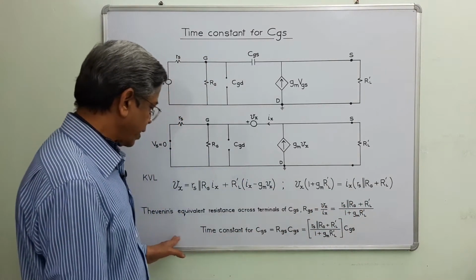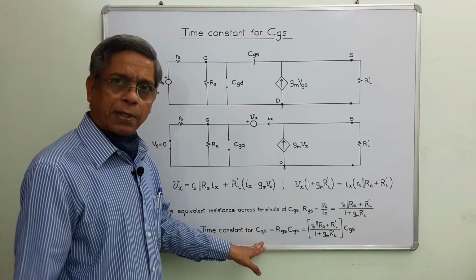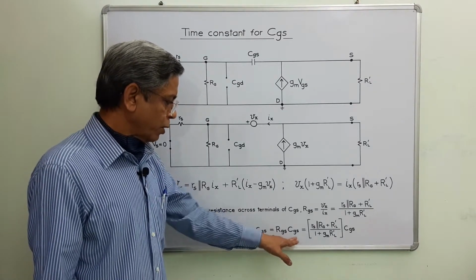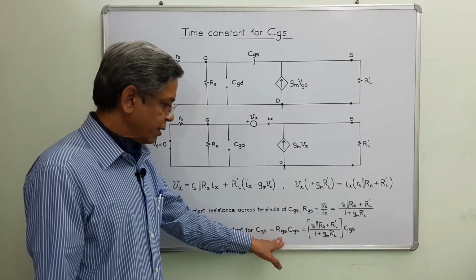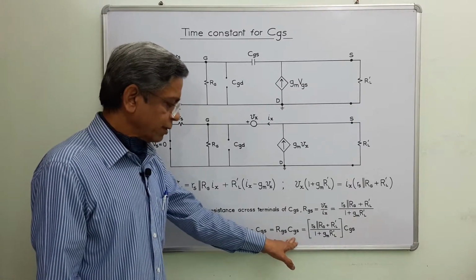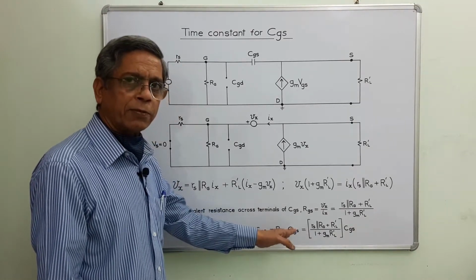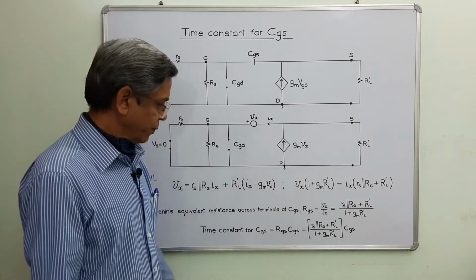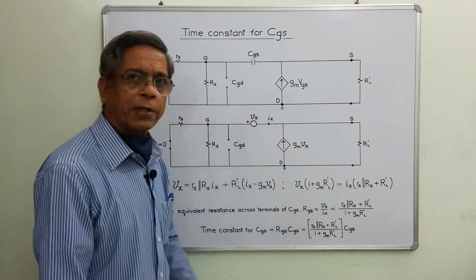And from this expression, we get the time constant for the selected internal capacitor, that is CGS, which is a product of the equivalent resistance across the terminals of this capacitor and the value of the capacitance of the selected capacitor CGS, and this is the full expression.